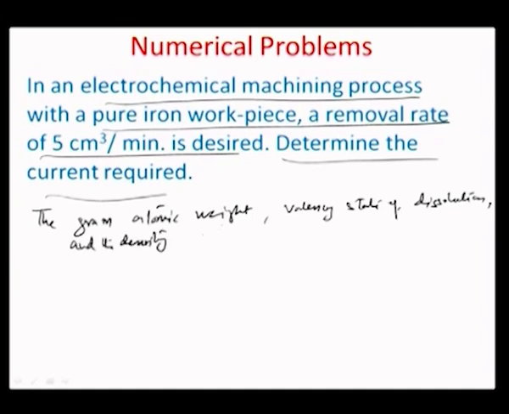Particularly for iron, because iron is the material to be removed, the gram atomic weight comes out to be 56 grams. Mostly iron goes in a divalent state, so Z equal to plus 2, and then the density of iron happens to be about 7.8 gram per centimeter cube.